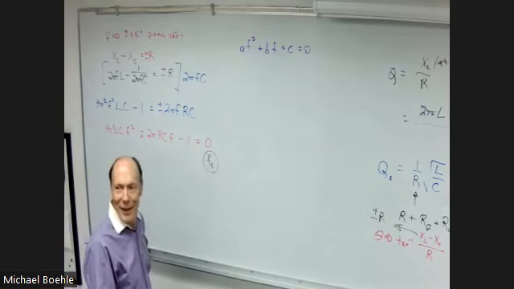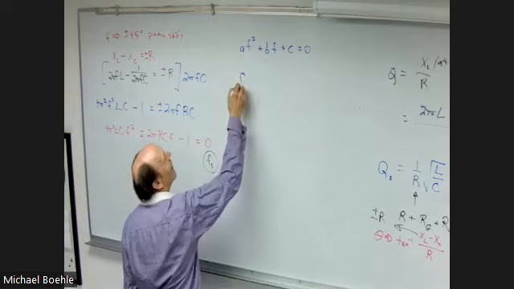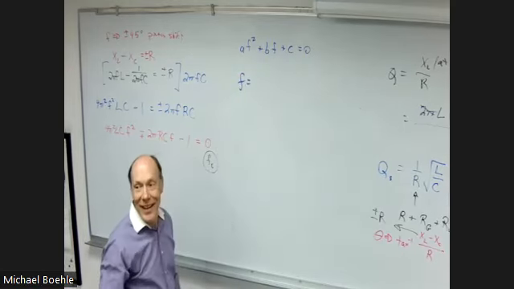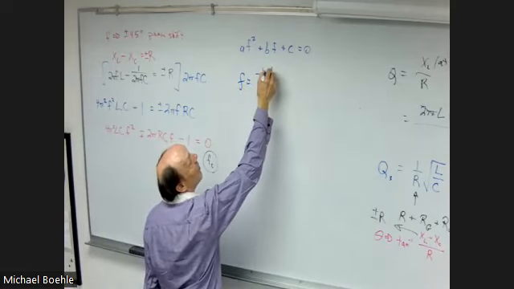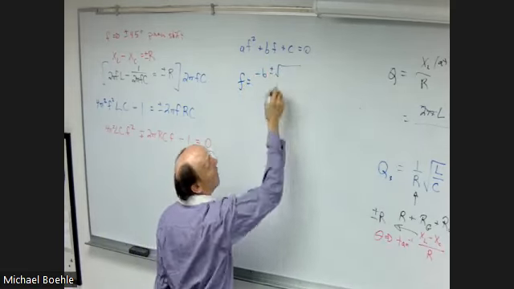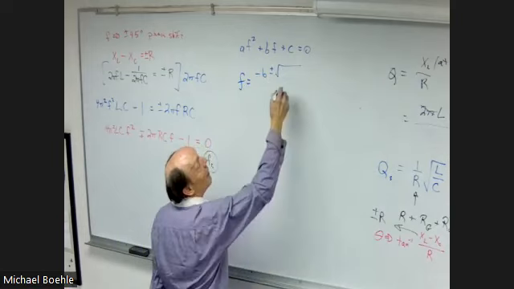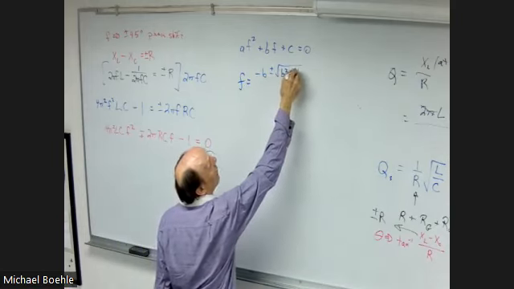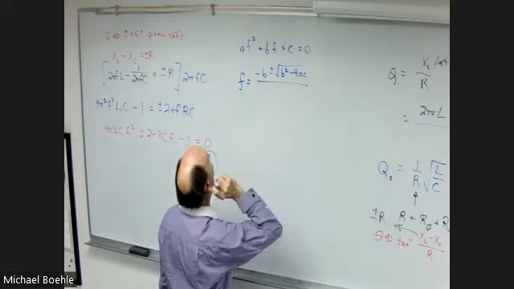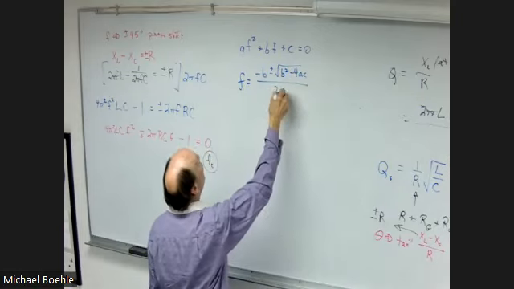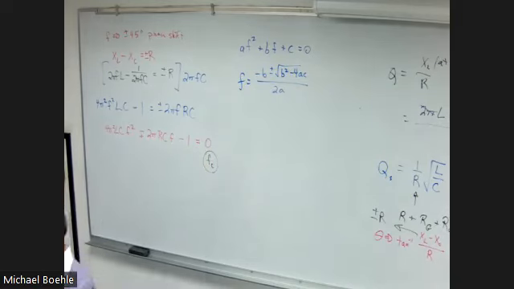You may remember? Negative B plus or minus the square root of B squared minus 4AC, all divided by 2A. Been a while, apparently.